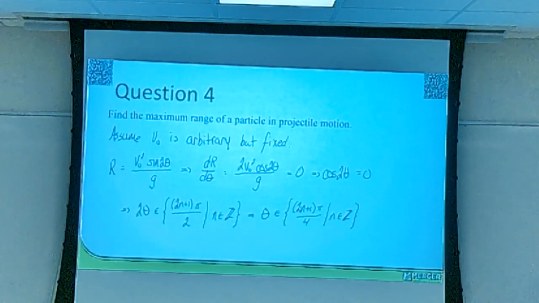But theta's along the triangle, right? What are the realistic values for theta? I'm saying in general, theta's along the triangle. What's your realistic domain?